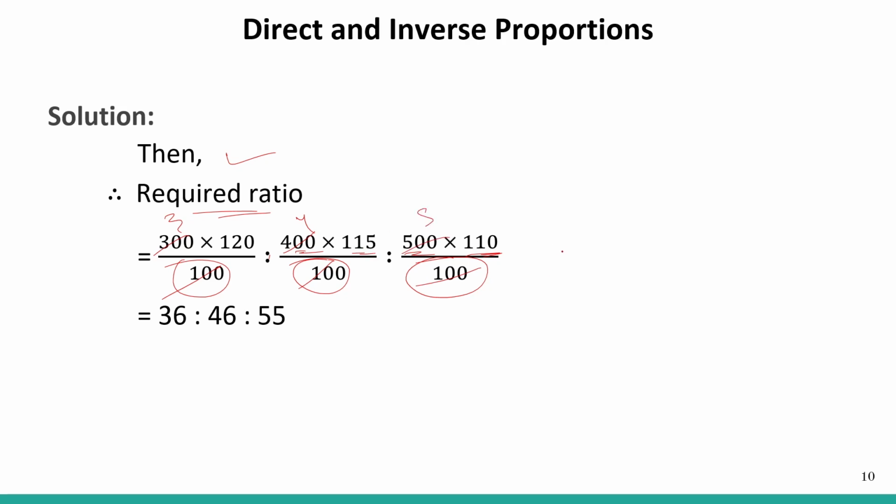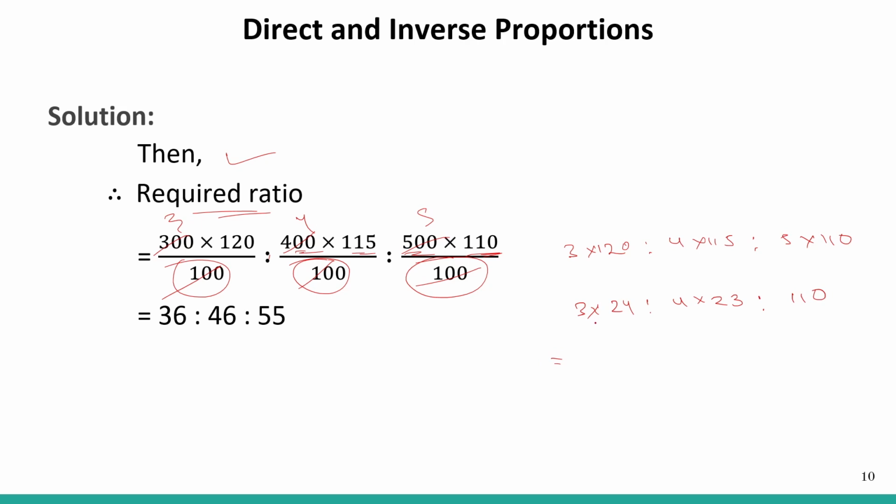So 3 into 120 is to 4 into 115 is to 5 into 110. So dividing all these by 5, we are left with 3 into 24 is to 4 into 23 is to 110.